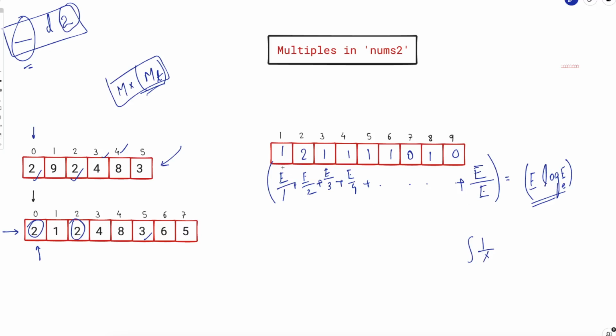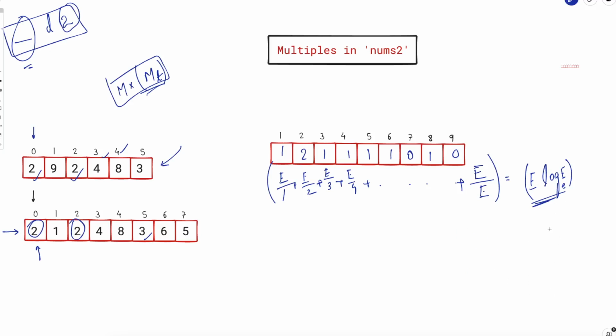So take E as common, and this is 1 by 1, 1 by 2, 1 by 3, all the way up to 1 by E. So this is 1 over x, you can integrate from 1 to E, and if you do this integration, it will be ln of x, so ln of E minus ln of 1. ln of 1 is a constant, but we got ln of E overall, so E multiplied by ln of E is the complexity.